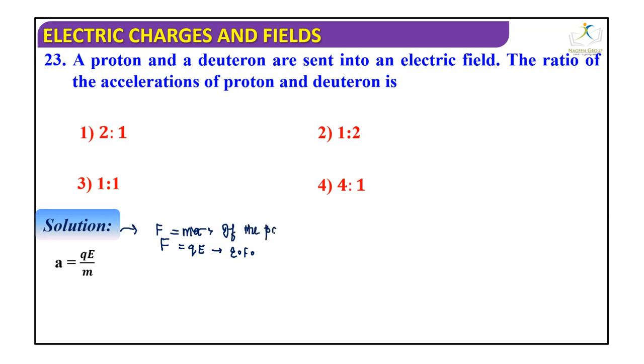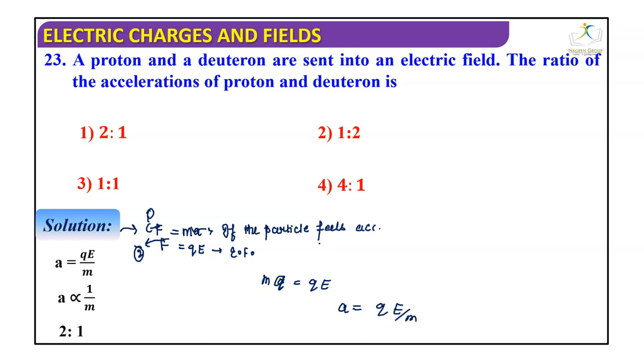So, taking equations 1 and 2, we can say that from first and second, ma is equal to QE. And from here, if I put the value of a, this will be QE divided by m. That means a is inversely proportional to m. That's why the ratio will be 2:1.